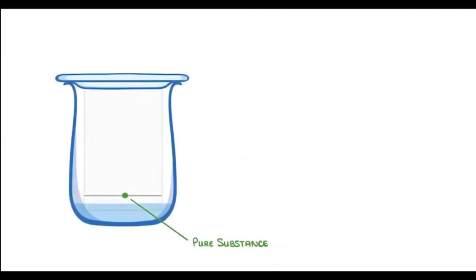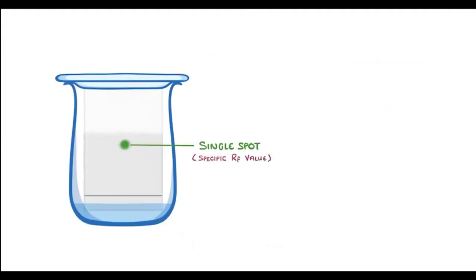One of the important things to appreciate with chromatography is that when we do chromatography with a pure substance, so a substance with only one type of chemical in it, then it won't separate out at all. We'll just get a single spot on our chromatogram, for which we can calculate a specific RF value.